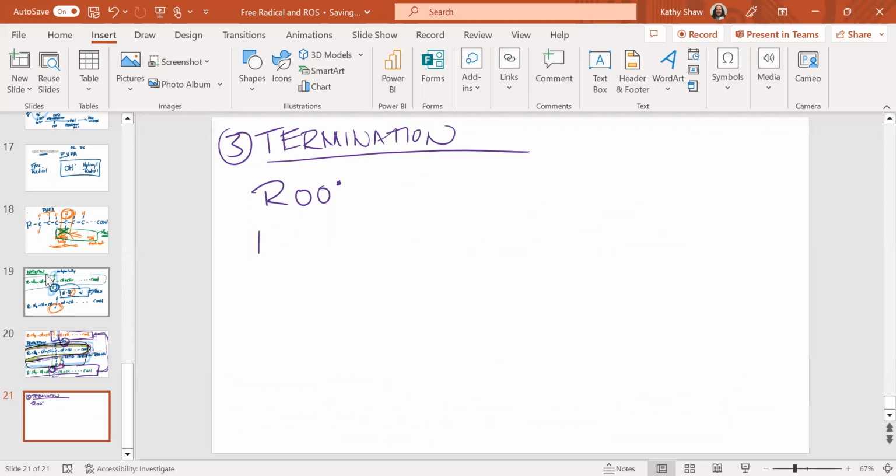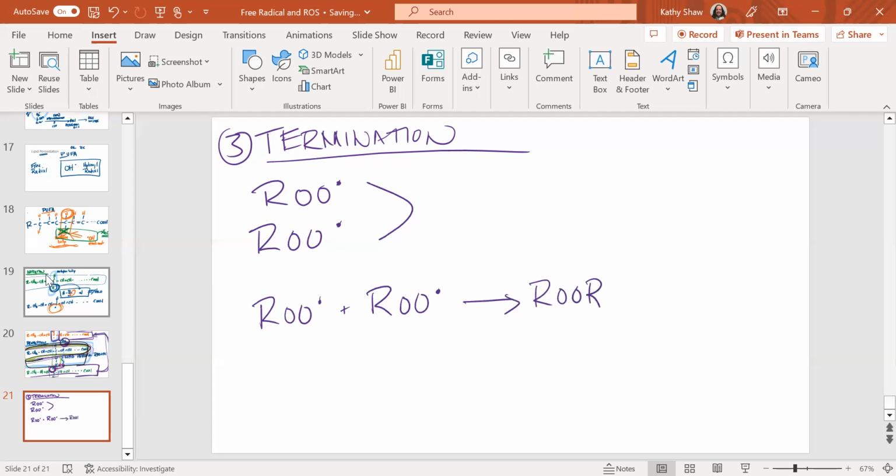So if I have 2 of these, they're going to react. So the proper way of drawing it gives me a peroxide. So I hook the 2 of them together basically. So they're done. They've got their electrons. They're happy. So that's my peroxide.